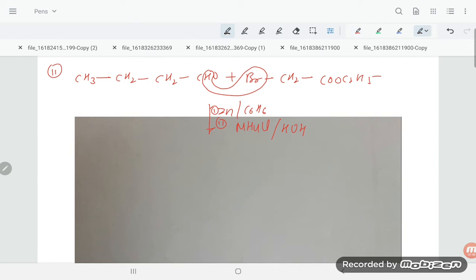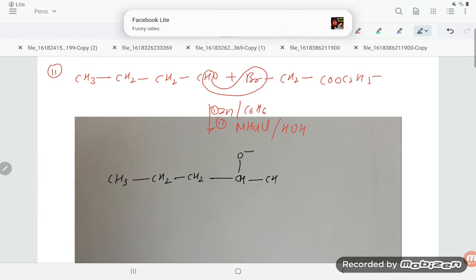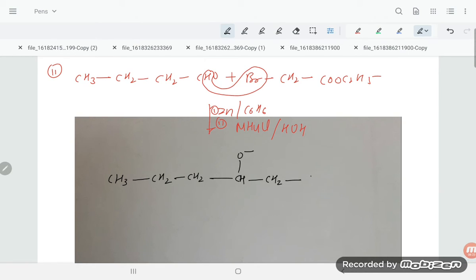So how will the compound form? Here is CH3CH2CH2, then here is CO minus, right, students? CO minus will be here with H also, and here is CH2, and COOC2H5 is there.